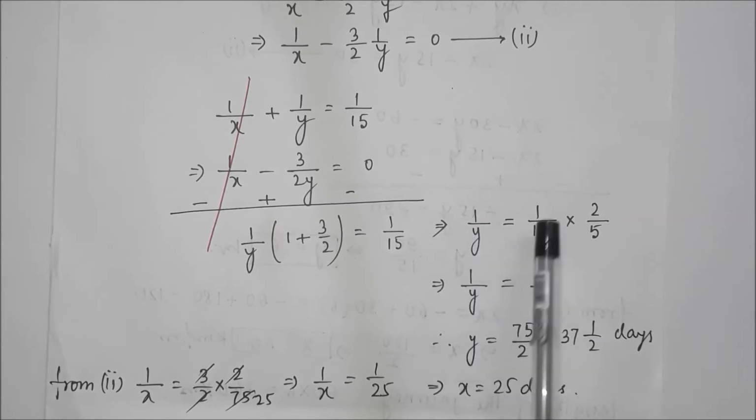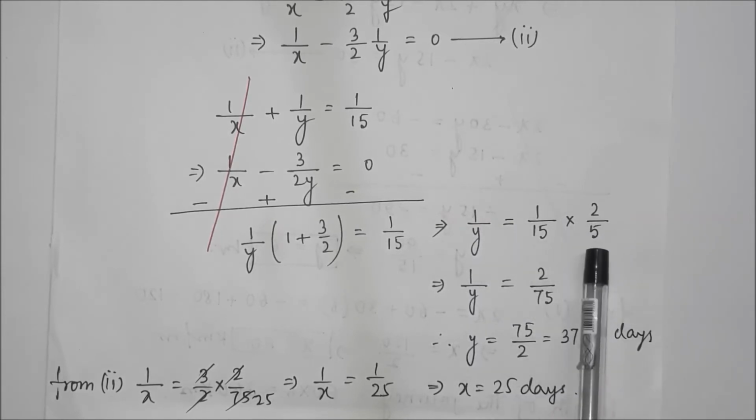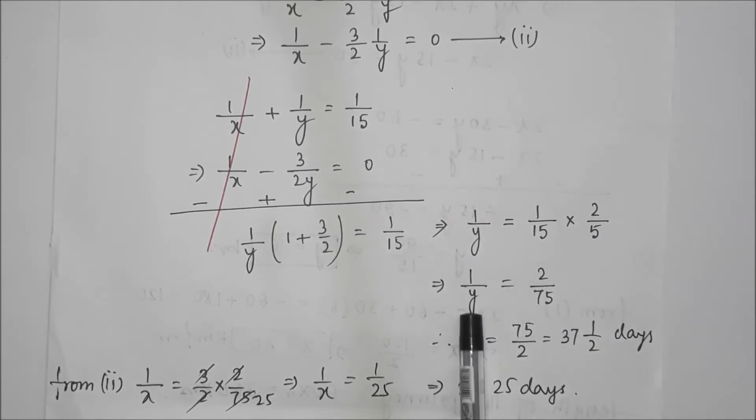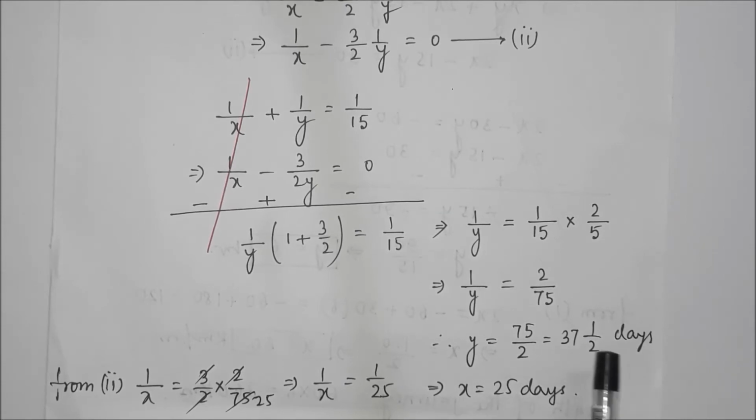So 1 by y equals 1 by 15 into 2 by 5. It implies 1 by y equals 2 by 75. That means y equals 75 by 2, that is 37 and 1 by 2 days. So this is the time required by B to complete the work. Now from equation 2 we will get the value of x. 1 by x equals 3 by 2 into 1 by y.